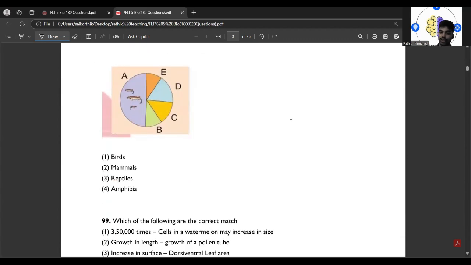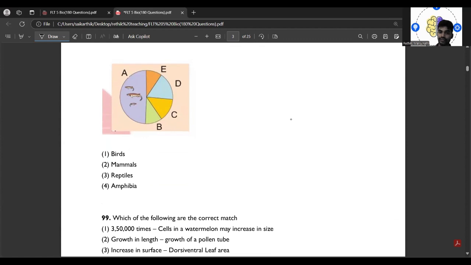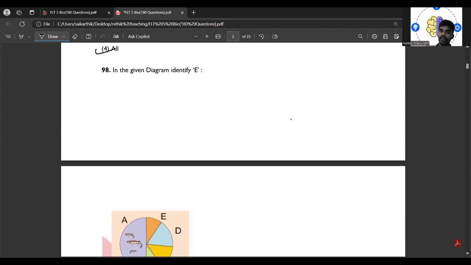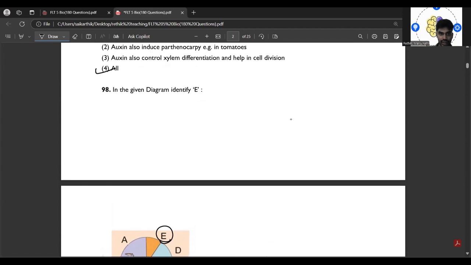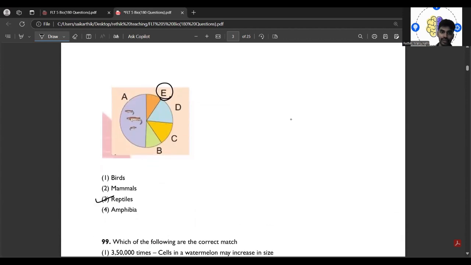Coming to the 98th question, in the figure diagram, E is identified as what? A reptile. Sorry, it would be the mammals. See, A you will identify as fishes.